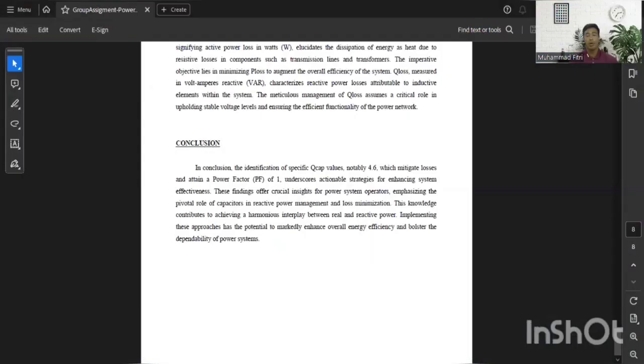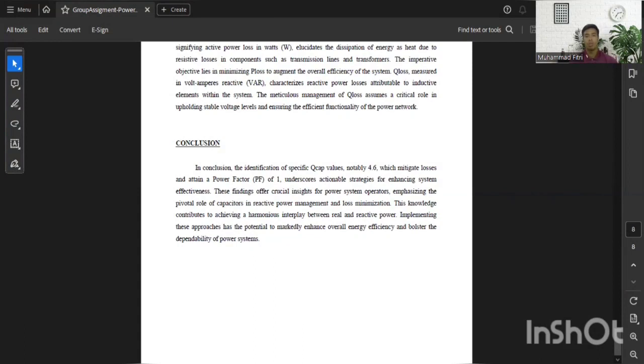Thank you. In conclusion, the identification of the specific reactive power of the capacitor value, notably at 4.6, which mitigates losses and attains a power factor of 1, underscores actionable strategies for enhancing the system's effectiveness.